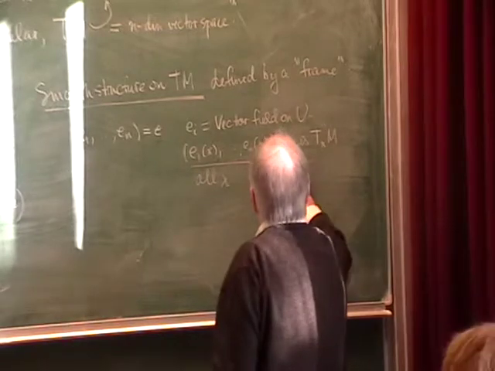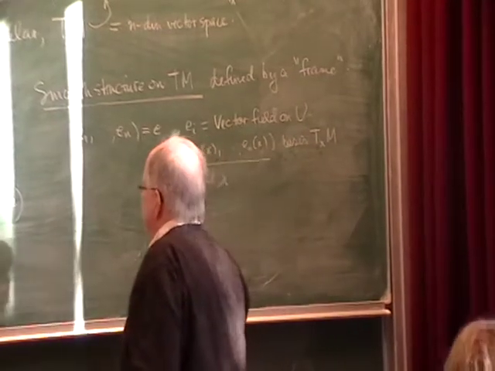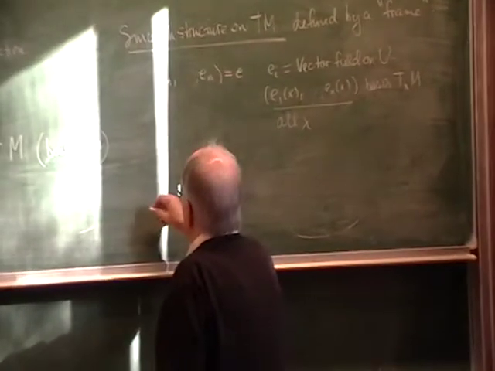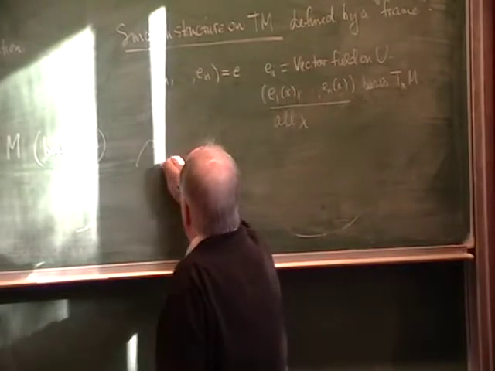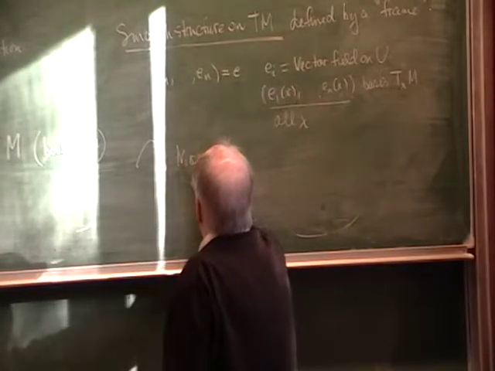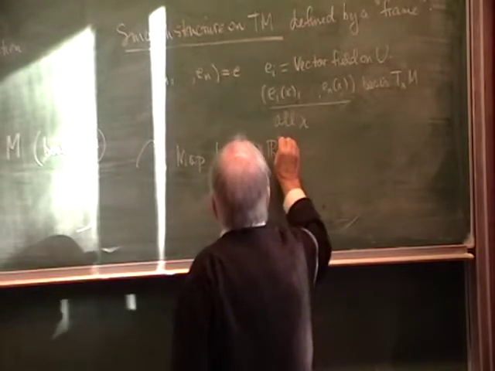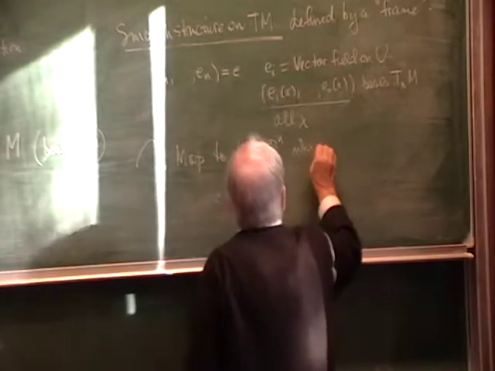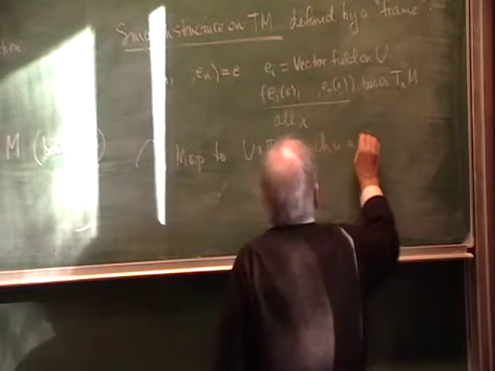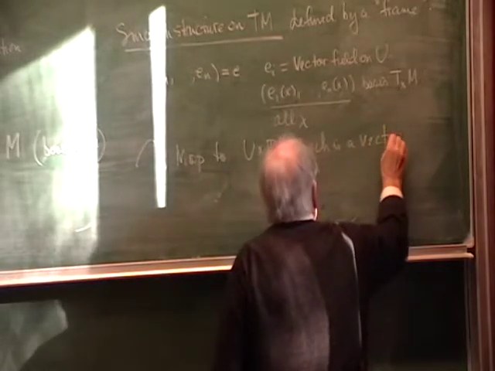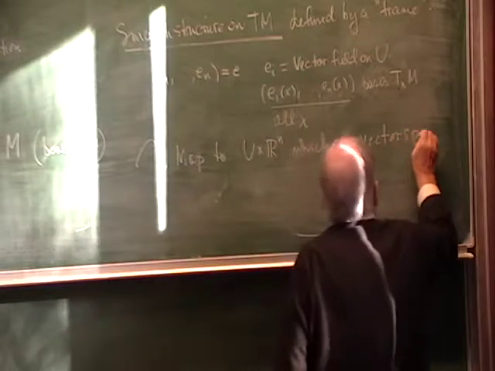these are a basis of this, and now this gives you a map to U cross Rn, which is a vector bundle, a vector space isomorphism on each fiber.